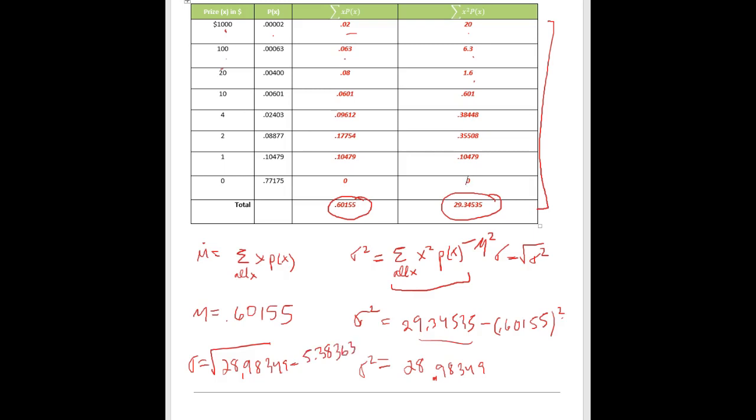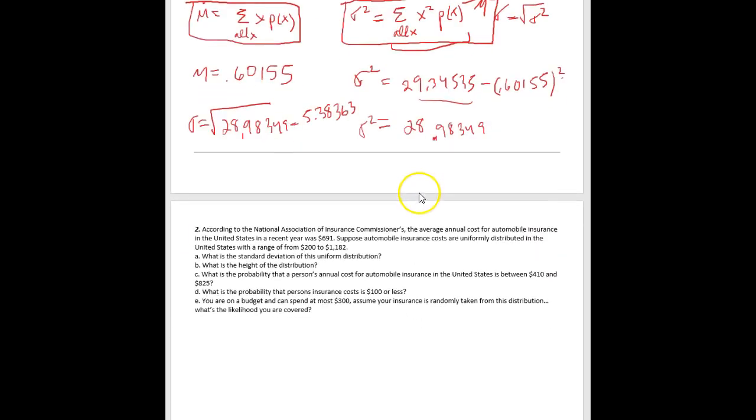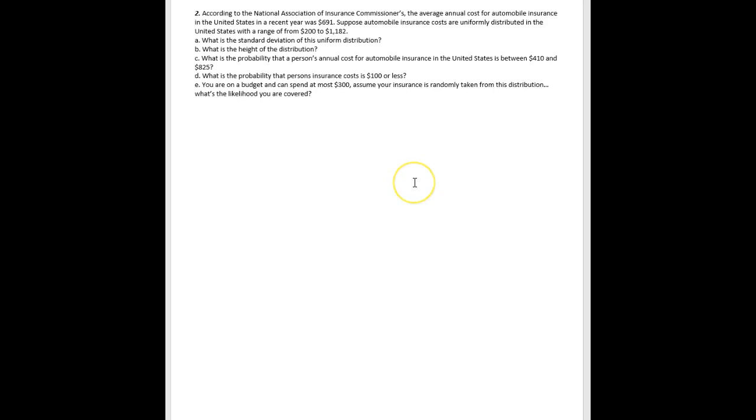Okay, so it's just testing your grasp of the formulas. So our mu formula and our variance formula, and then of course, standard deviation is just going to be the square root of variance. Okay. So you guys, as always, let me know if you have questions. I'm here to help, here to answer those questions for you.